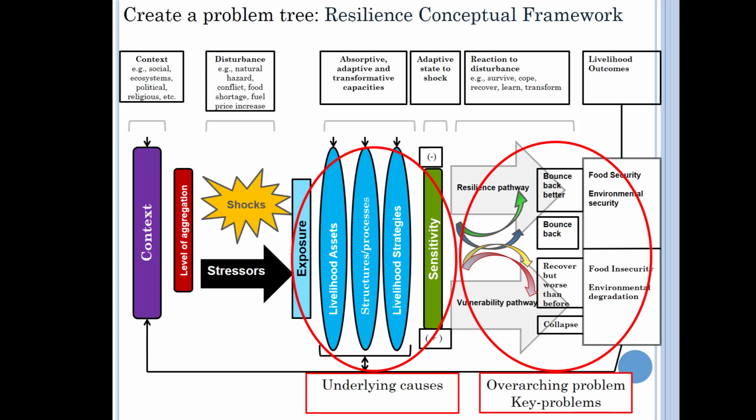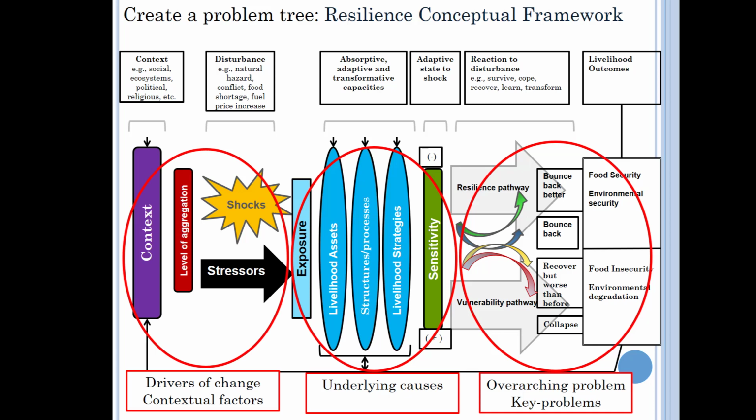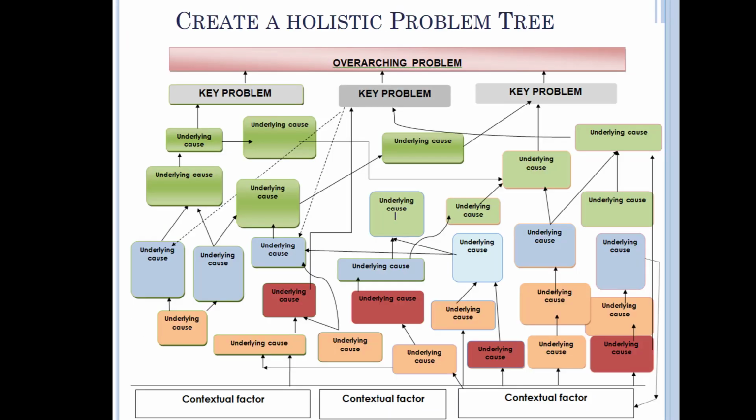And only afterwards you identify the contextual factors that act upon all these causal underlying causes, but to which your project has no influence. The aim is to achieve a representation of the problematics in your region that is complex and explicit in the causality between the different underlying causes that you have found.